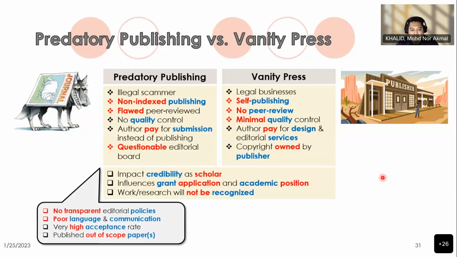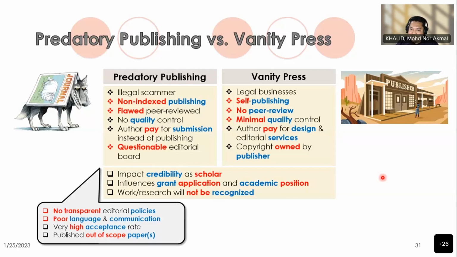And some people ask how to identify predatory publishing or vanity press. Usually they don't have any transparent editorial process, and they publish out-of-scope papers. I remember one MIT professor tried to test predatory publishing sources by sending a rubbish paper.